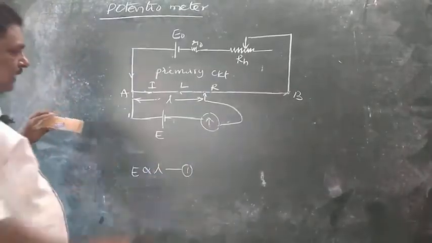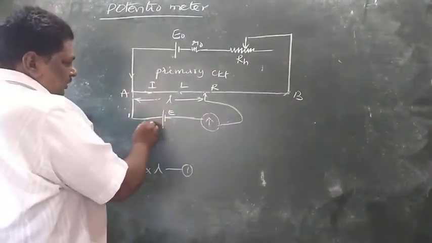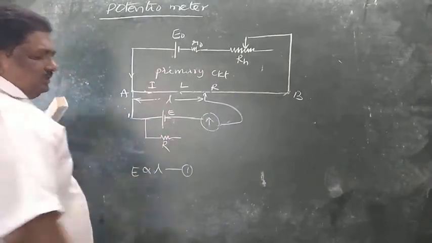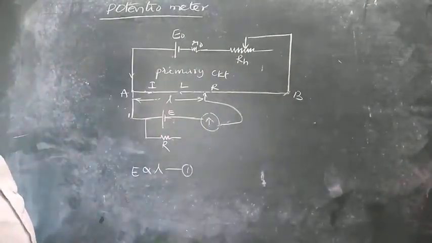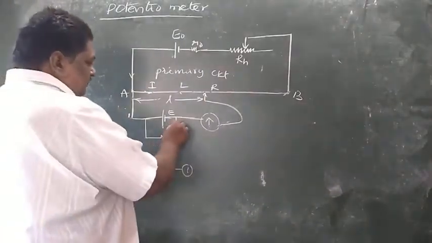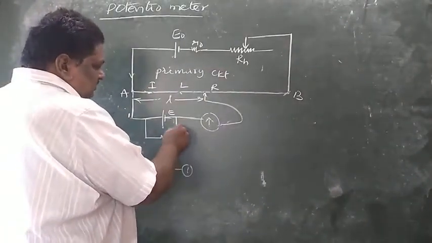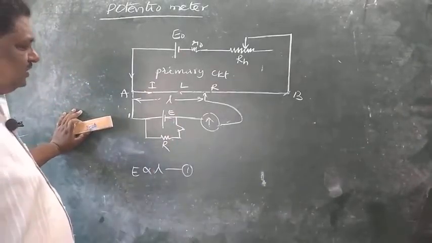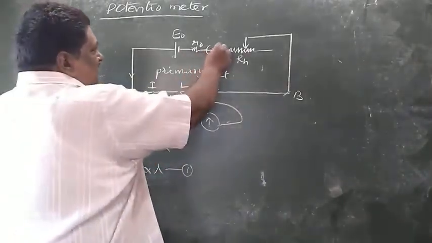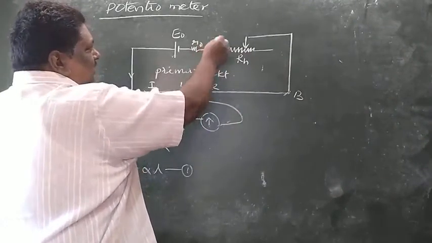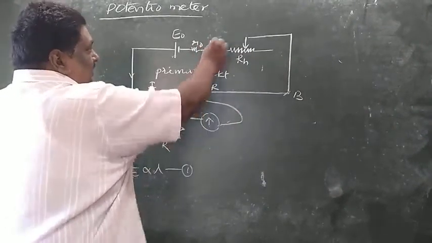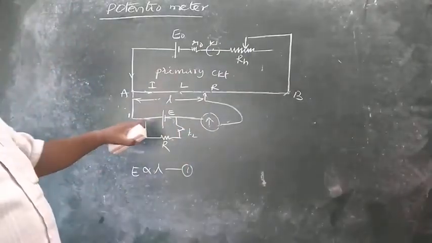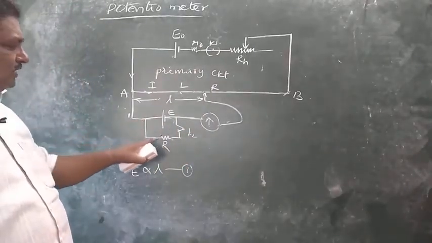Now, what happens here? One resistance is taken; it is your choice, you can take any value. It is connected and the switch K2 is closed. When the switch is closed, current is drawn from the cell.